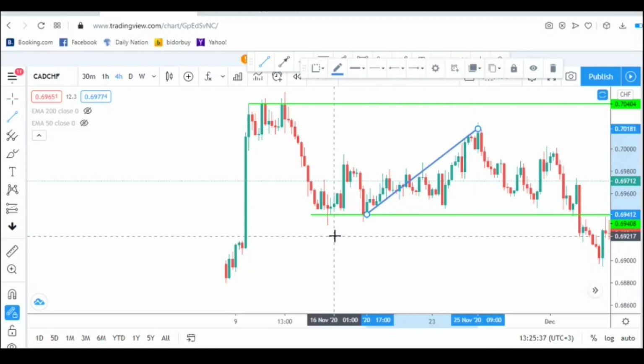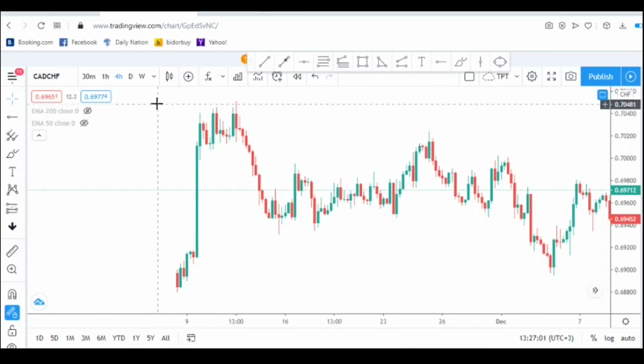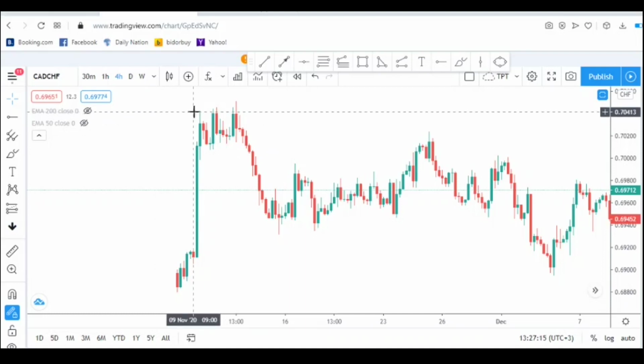Buying here. You don't just sell double tops and double bottoms anywhere. You look at key levels of structure. You identify your key levels of structure, then you trade double tops and double bottoms at the key levels of structure. Let's say this was our resistance level, and if this resistance level is a key level of structure that has been tested multiple times, or that has acted as support and resistance in the past, then you can sell this double top.